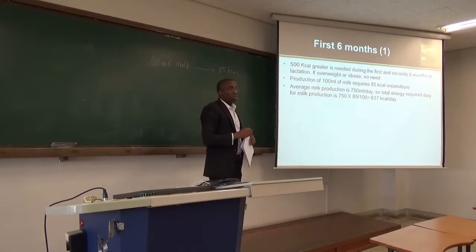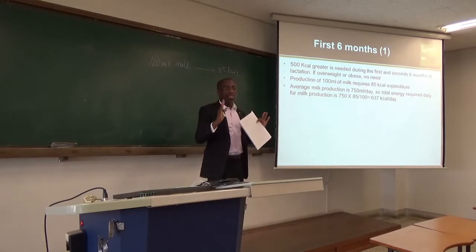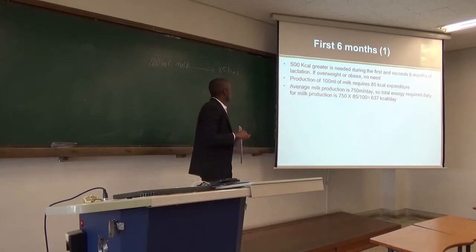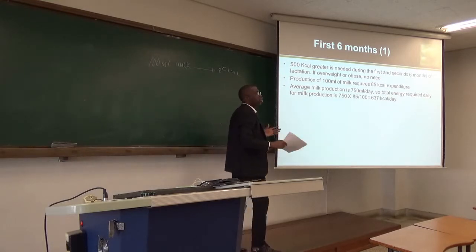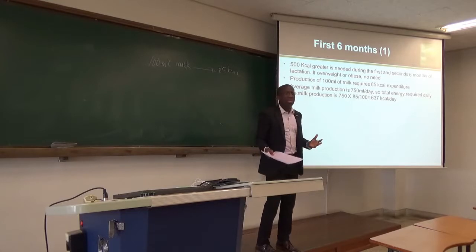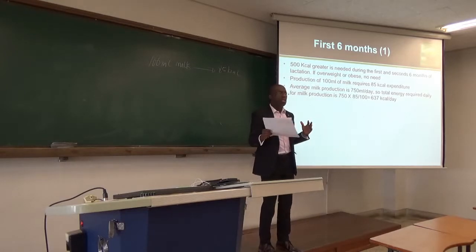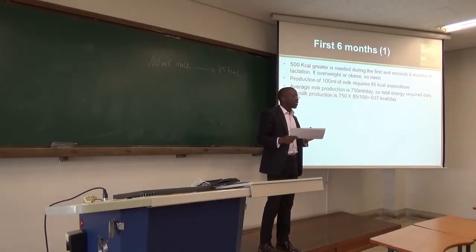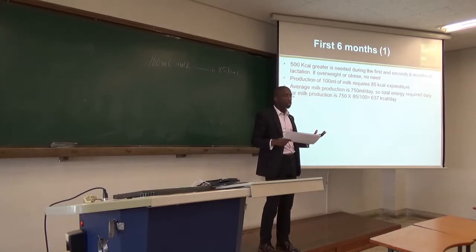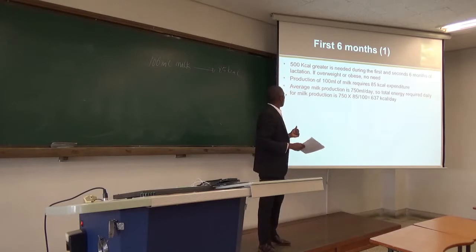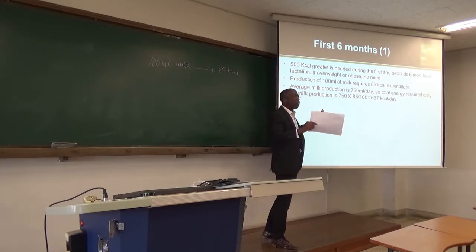So really pay attention to this part. Now, it's not the same for everybody, as we know. Everybody's different. Body size is often different from one person to another. But what are we having here? We say average.